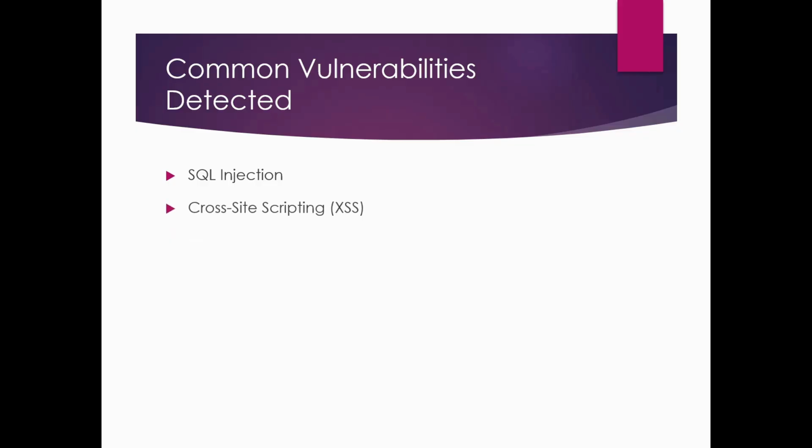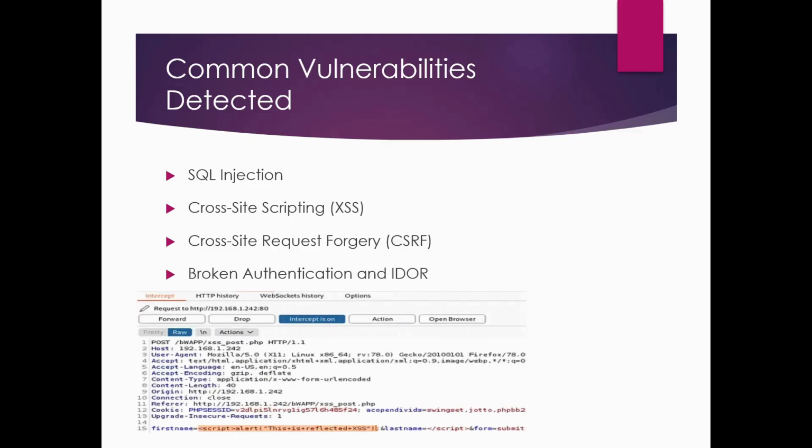Then cross-site scripting, where attackers inject malicious scripts into web pages. Then we have cross-site request forgery, which tricks users into performing unwanted actions. Broken authentication or IDOR: broken authentication is weak login mechanisms that can be exploited, and IDOR is when users can access unauthorized data by manipulating parameters.